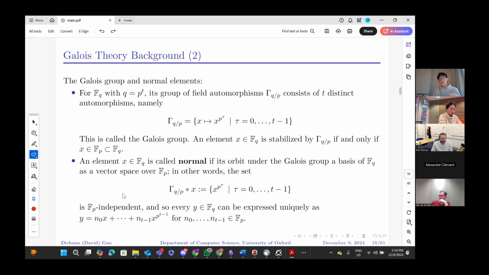So it's like maximally not in Fp. So its orbit, consisting of these elements, forms a basis for Fq over Fp. So in other words, every element y in the big field can be expressed uniquely as a weighted sum of such things. Right.